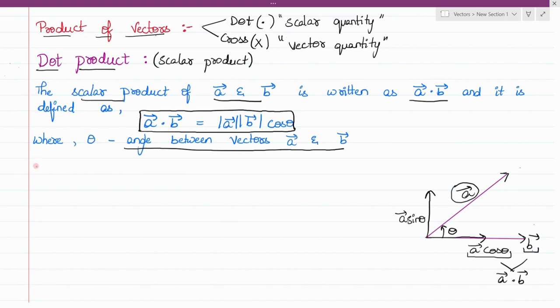In terms of science, the best example for the dot product is force into displacement. What does it give? It gives work done, right?